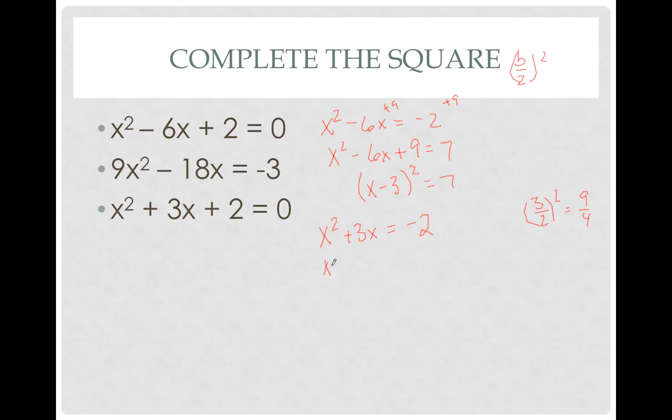So we're going to add 9/4. And if I add 9/4 to this, you have to remember that negative 2 is equal to negative 8 over 4. So we get negative 8 over 4 plus 9 over 4, which is positive 1 over 4.